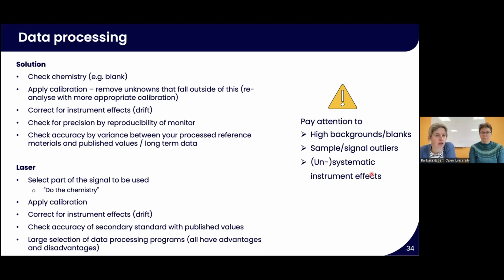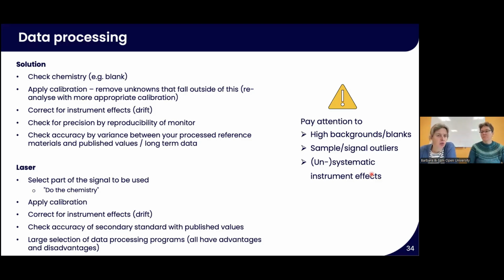You need to correct for instrumental effects, so drift over time. If you are introducing samples with a fair amount of matrix, so rock samples, a 0.1% rock matrix, then you are going to get build up over time on your cones, and that will limit the sensitivity of the instrument over time. So you do need to correct for that.